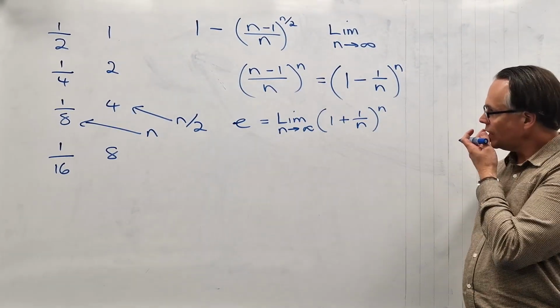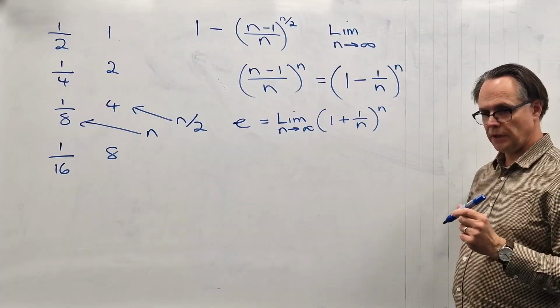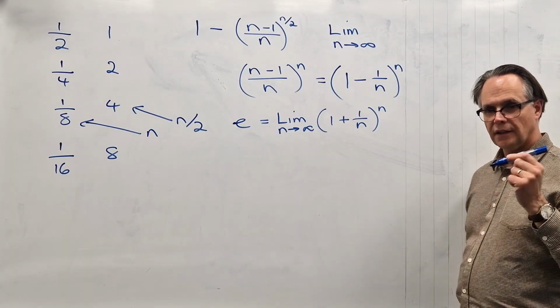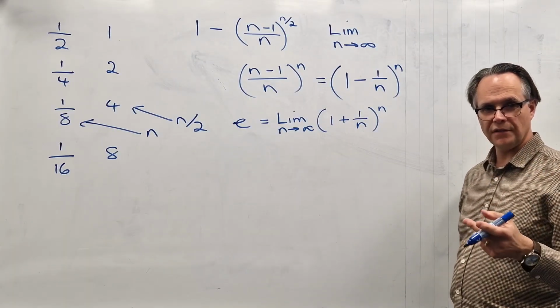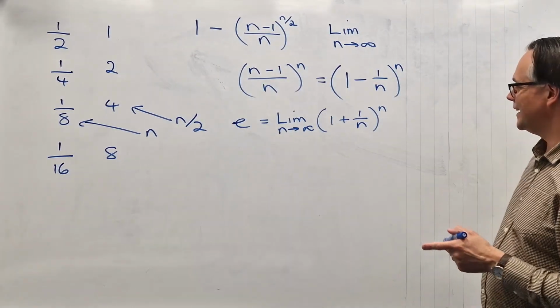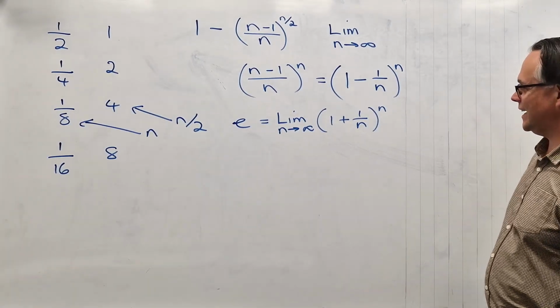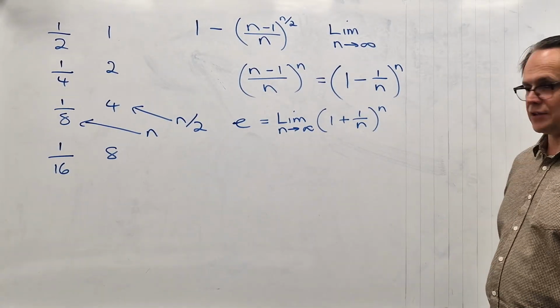Now, when you see two brackets that have the same thing inside but a different sign, what do you always think of? Difference of two squares, don't you? That's what you think of when you see that. So can we use this idea to try and get our result?